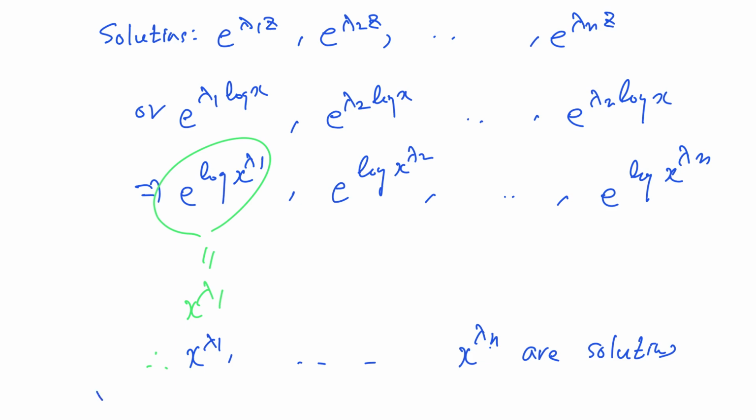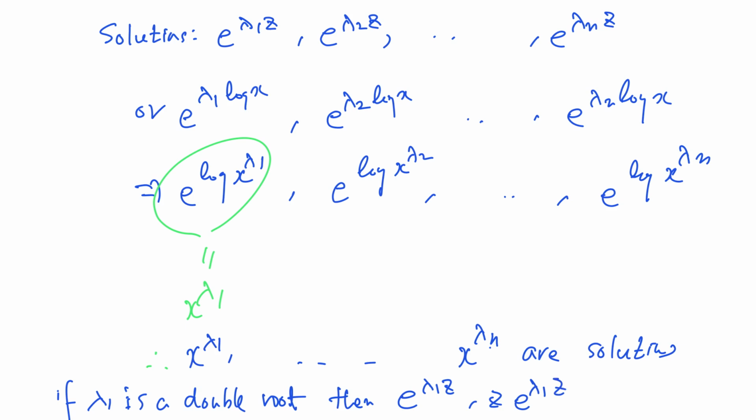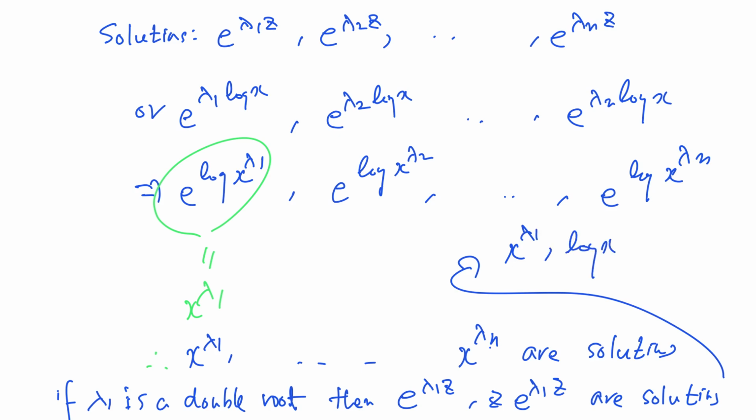If lambda 1 is a double root, then exponential lambda 1 z and z exponential lambda 1 z are solutions, right? And that means x to the lambda 1 and log x times x to the lambda 1 are solutions.